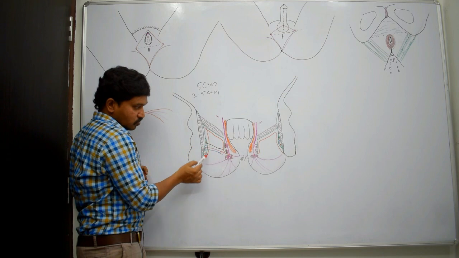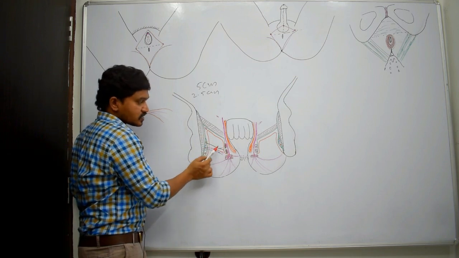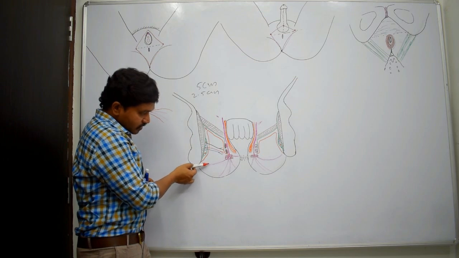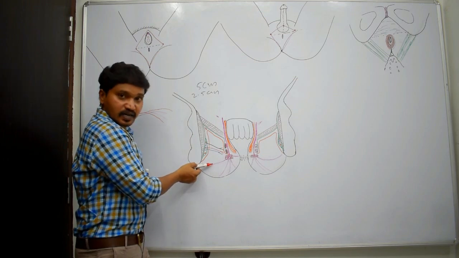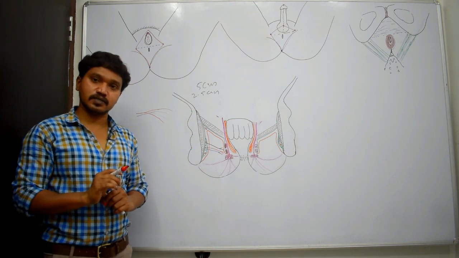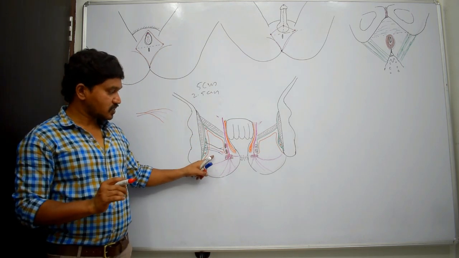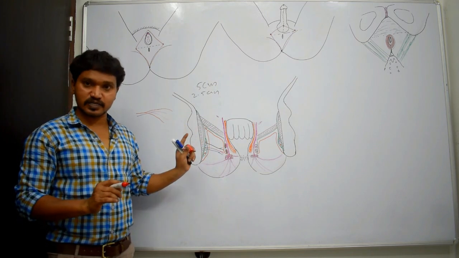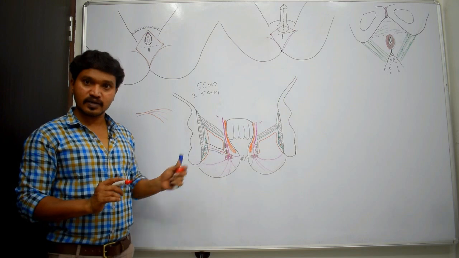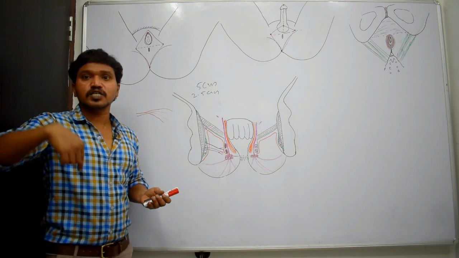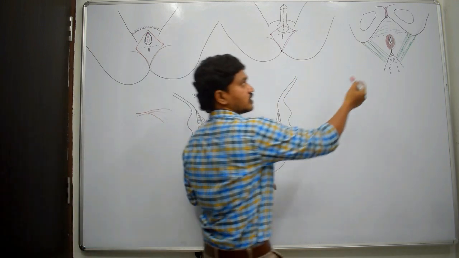Then in between the skin and the perianal fascia, this area we call the perianal space. This is the perianal space, this is the ischiorectal space and this is the suprategmental space.